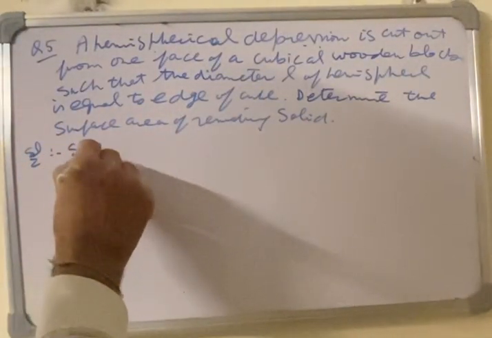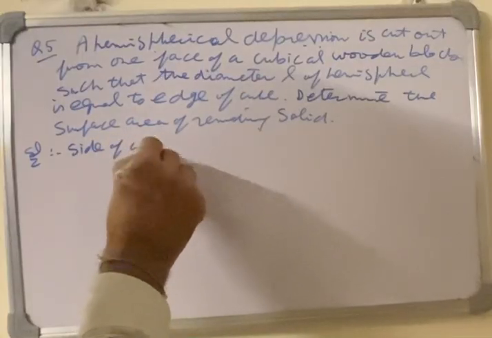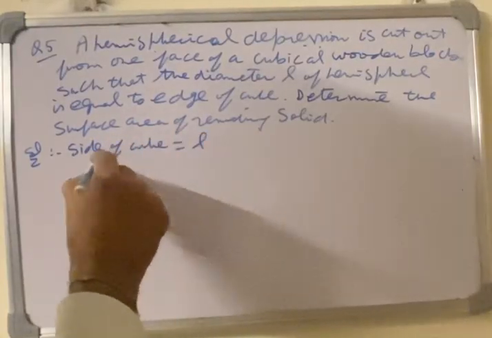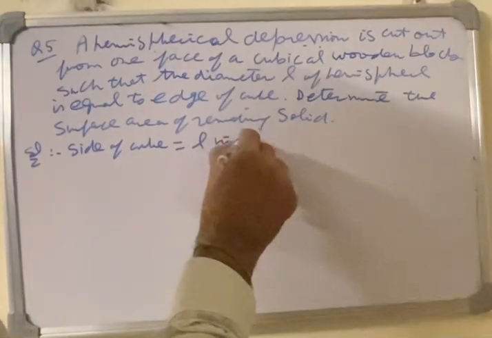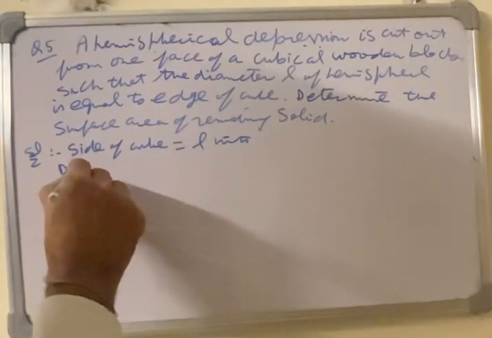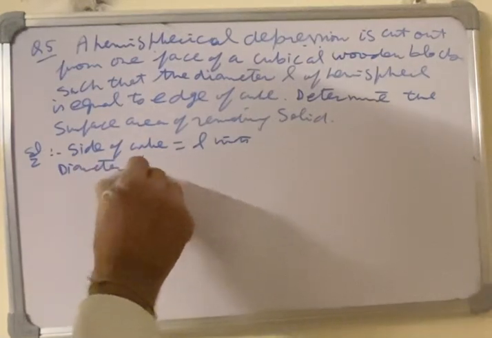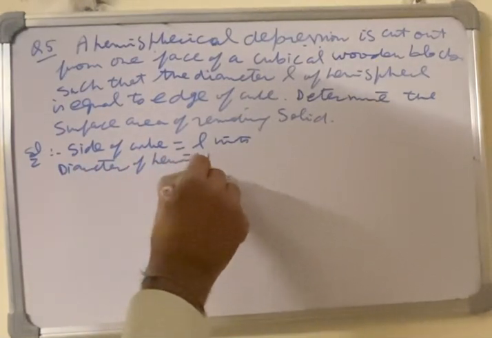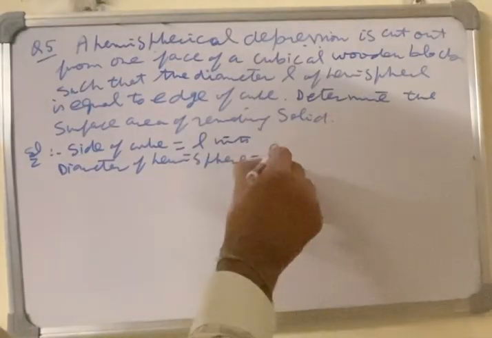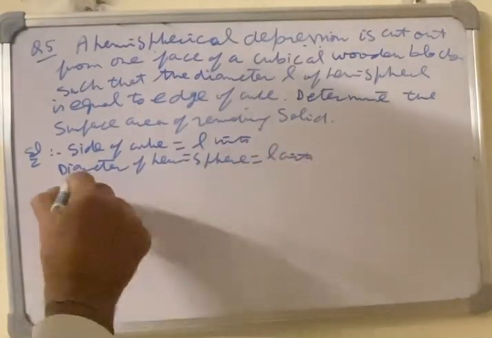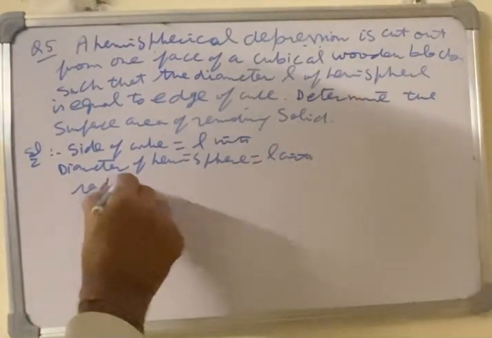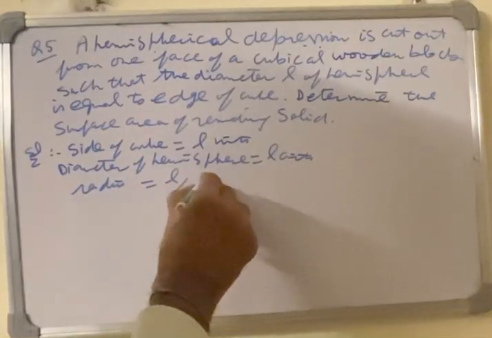Side of the cubical part, the cube, is L units. Diameter of the hemispherical part is L units. Radius is L over 2 units.